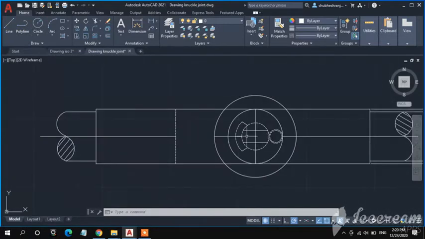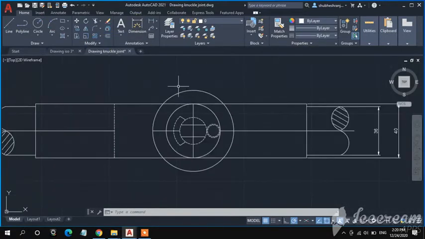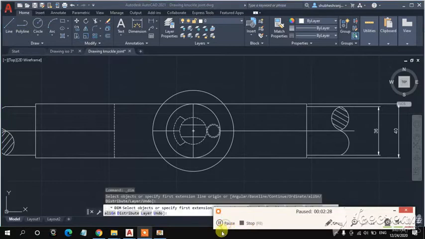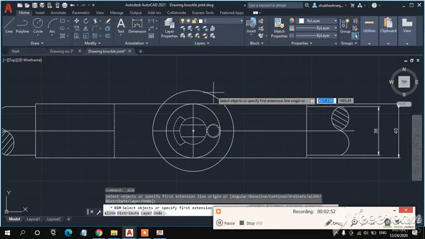This point is also approximately 200, the same. This is the horizontal point, and this is the vertical point. The dimension of the vertical point you see is 40 mm on both sides, this side and this side also.